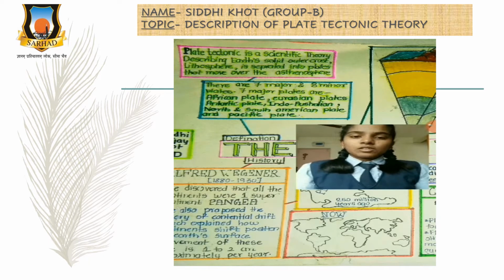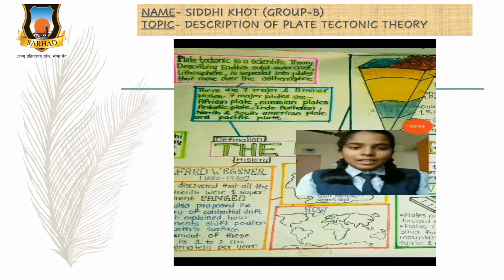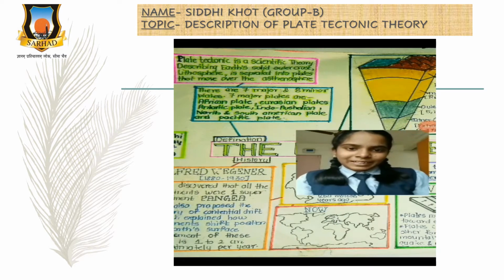If you look at the continents on the world map, they are in different places, but they are always moving. Their movement is very slow, but they move constantly, at a very slow speed which we are unable to feel. So let's see more about plate tectonics.